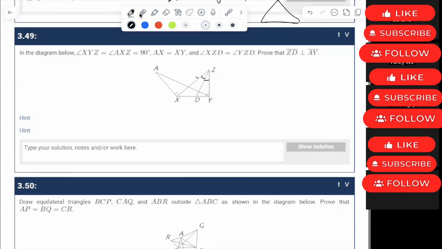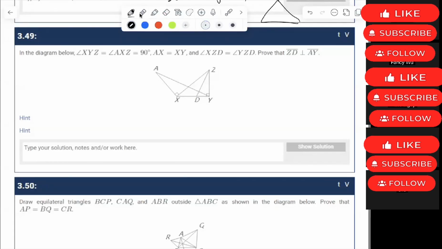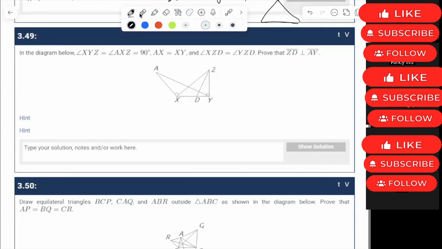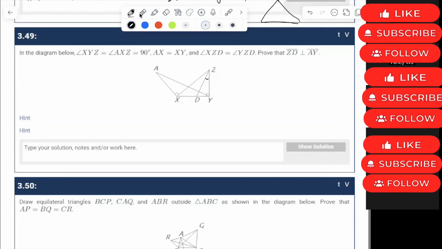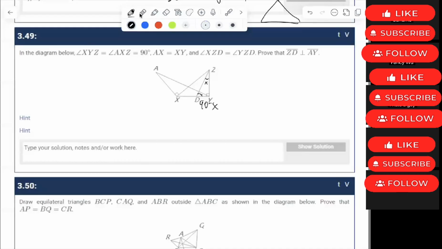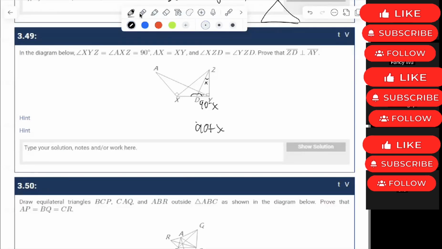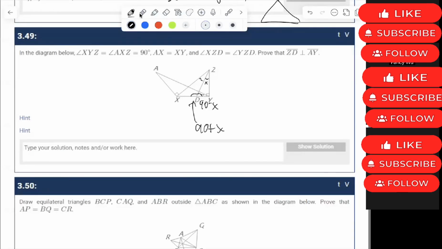Well, we just need to prove that these two sides are the same. Hmm. Similar conclusion. This angle, notice as x, this is going to be 90 minus x. But if that's 90 minus x, then this angle is 90 plus x. We know that this angle is x.